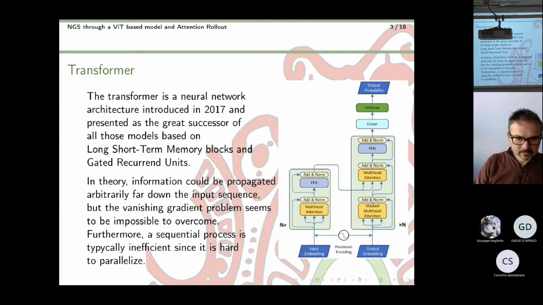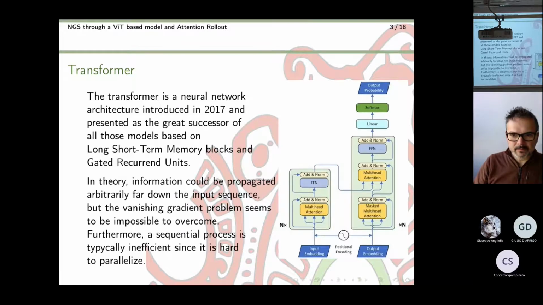The idea was to keep collecting information throughout the analysis of the entire sequence of tokens, but there were two main problems. The first one was the fact that, because of their nature, they were sequential processing. So the point was that they were quite hard to parallelize, which resulted in inefficiency.